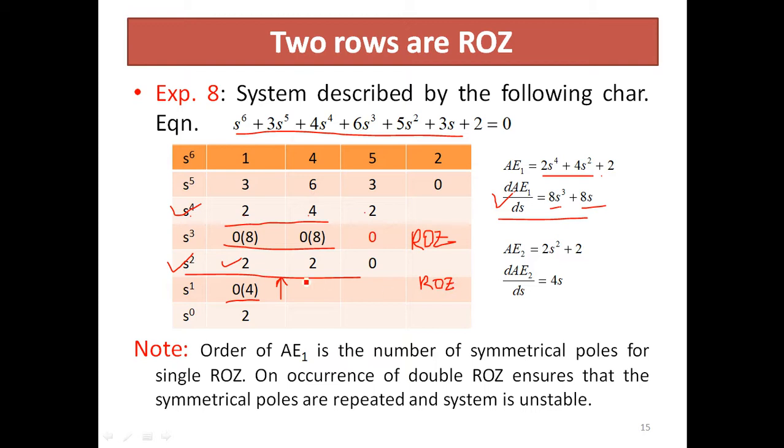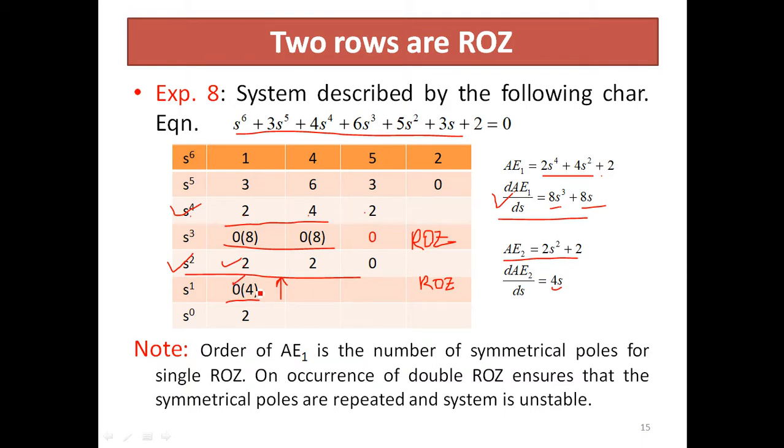So now you should write the second auxiliary equation, 2 s raised to power 2 plus 2. So AE2 equal to 2s square plus 2. Take the derivative of this one, and the coefficient should replace the 0.